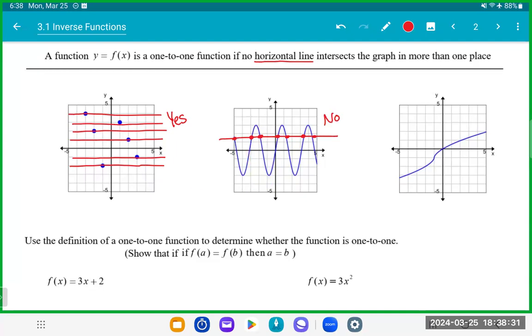Therefore, it is not one-to-one. Okay. And then we can do the same for this one. You can see that we only ever intersect the graph in one location when we draw that. So this graph would be a one-to-one function.